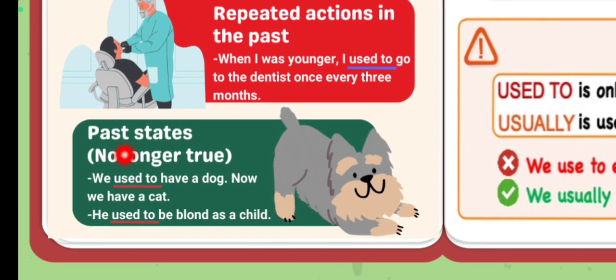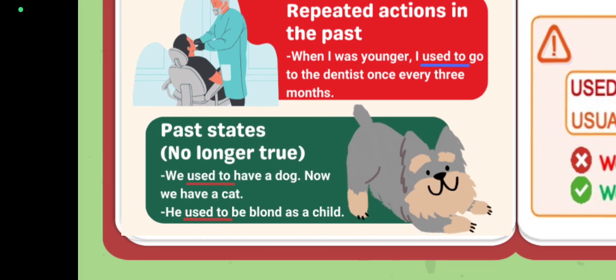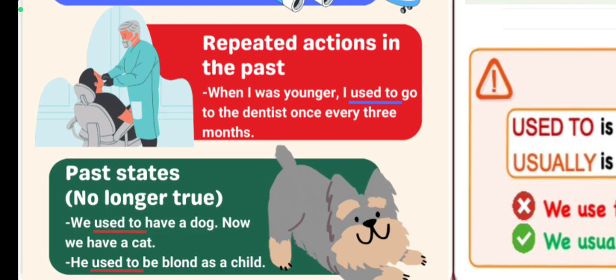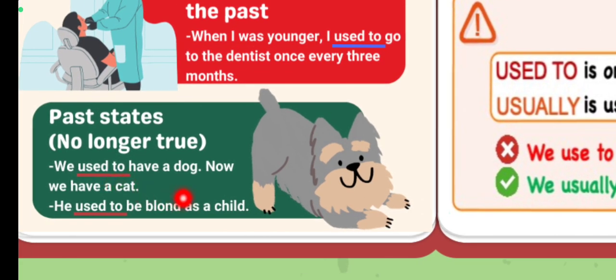Here we used to have a dog, so we had a dog. Now we don't have a dog, now we have a cat. Here we have another example. He used to be blonde as a child, so he is no longer blonde.